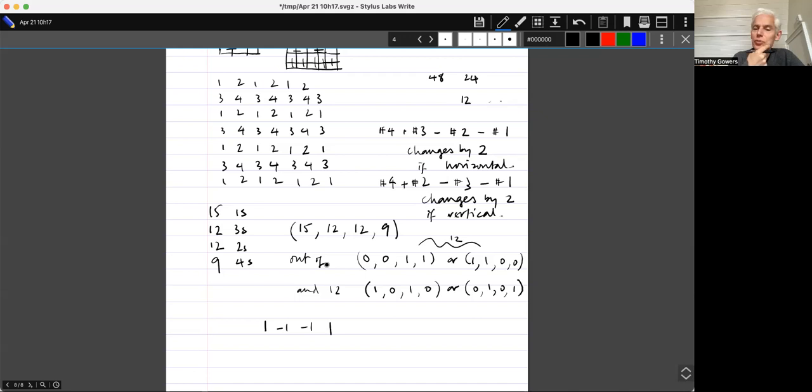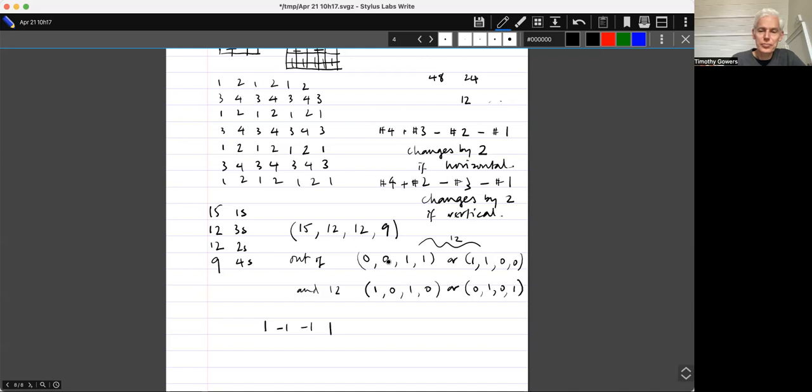But the fact that I needed 12 of them, oh yes, so that just shows that I can make 15, 12, 12, 9 out of these things. But, sorry, it doesn't show that, but it shows that I may well be able to make them. But it doesn't show that I can necessarily do it if I have to use exactly 12 of each kind.